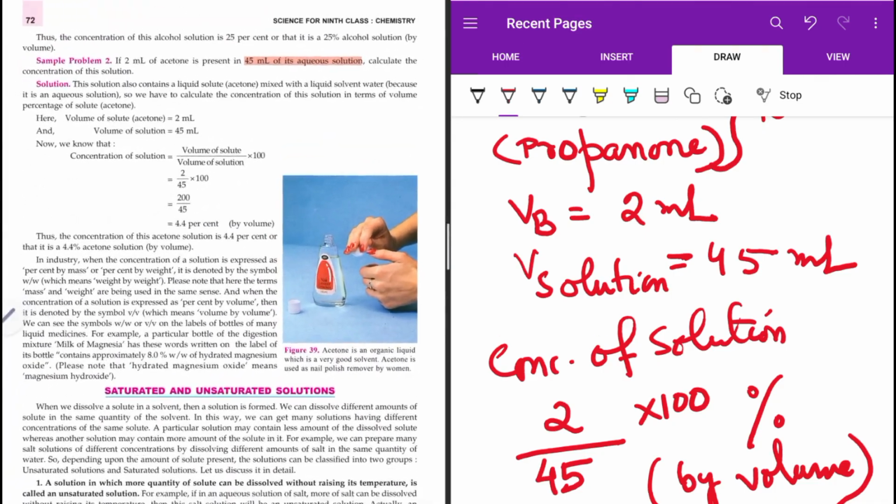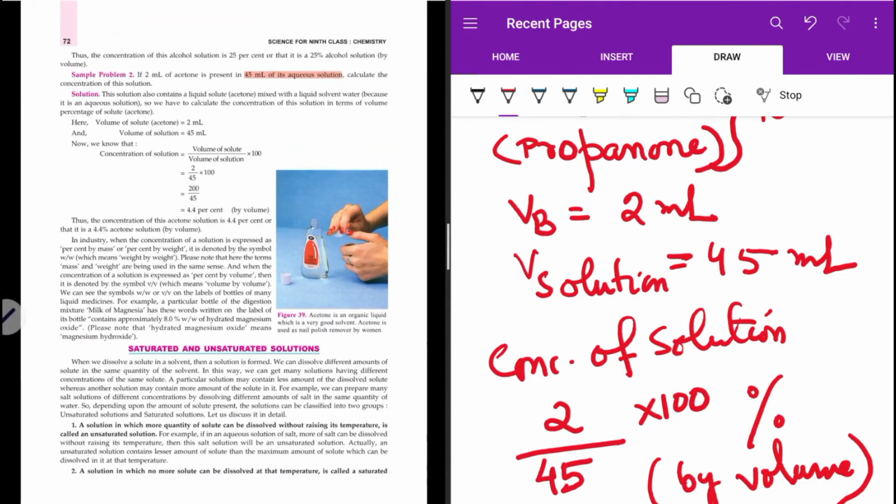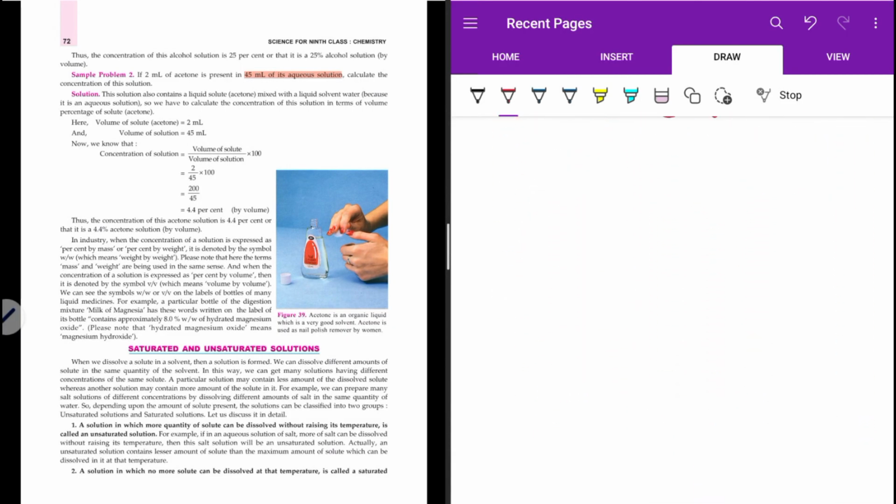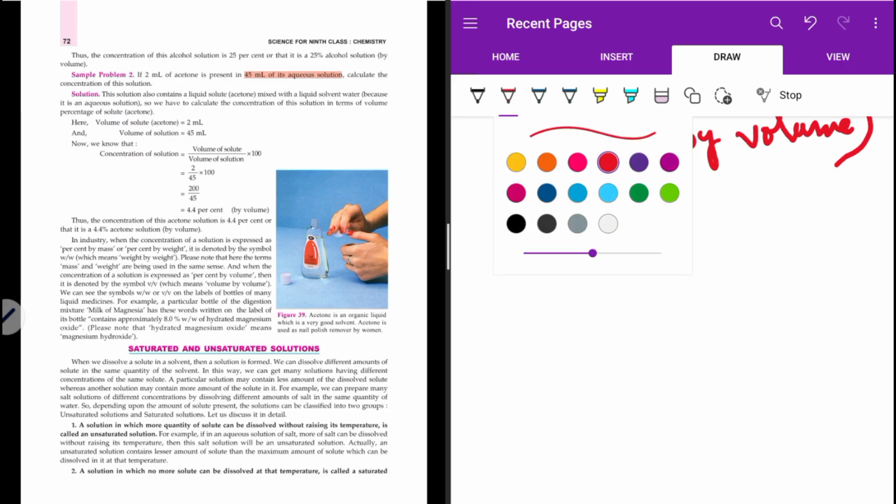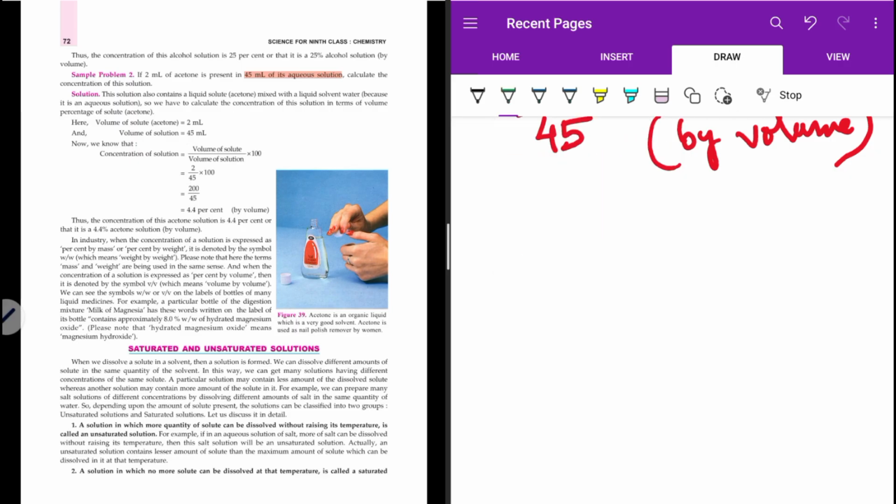Now moving to the next leg of the session, that is saturated and unsaturated solution. I think you people have come across these terms, saturated. Don't you say at times, I am totally saturated? Means you are totally tired. You have used up all your energy.